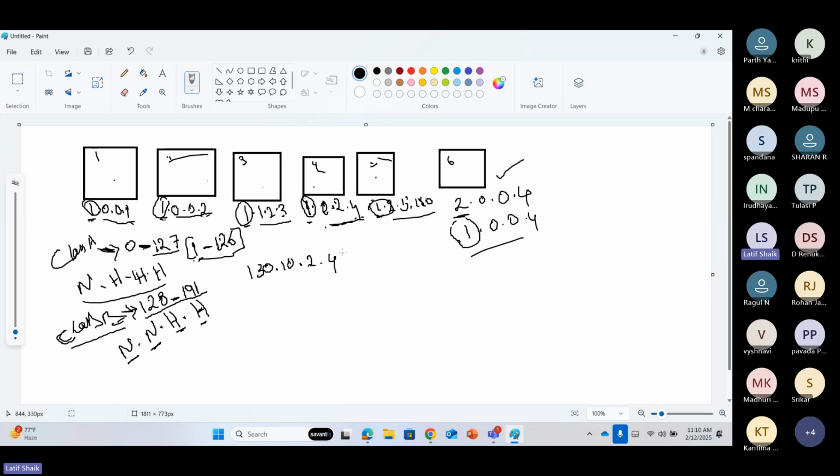This I configured for PC1. For the second PC, 130.10.2.1. No problem, because at least one host portion must be different.